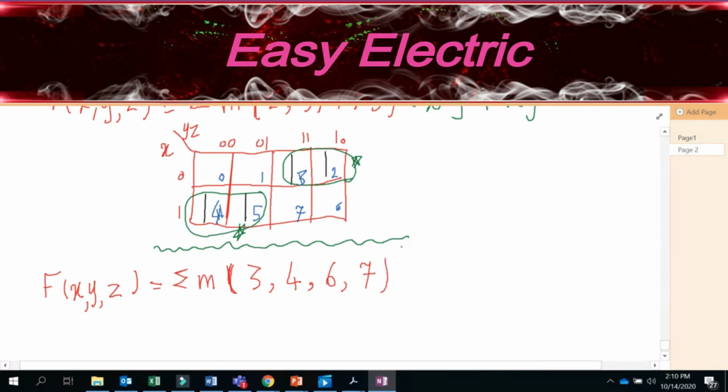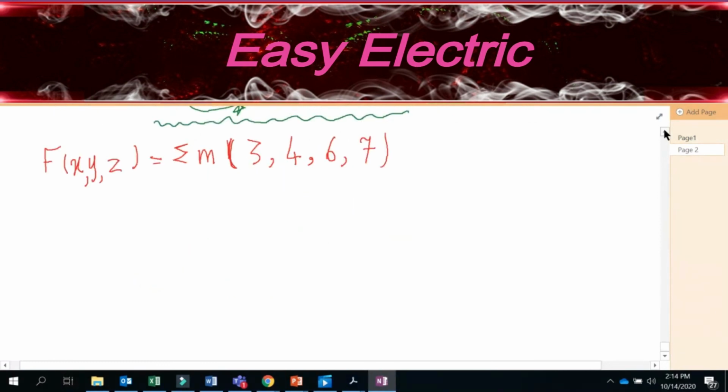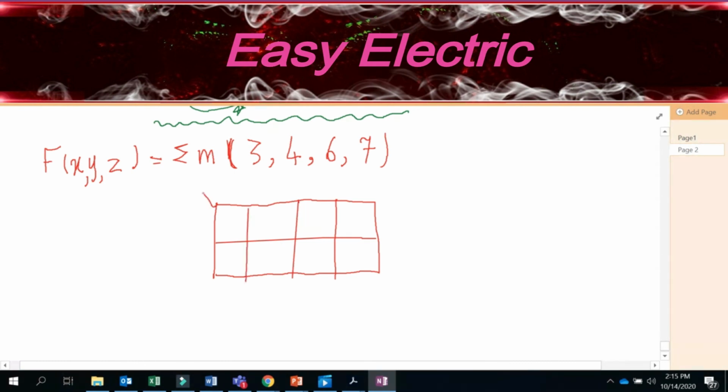So the question is to simplify. So you have a function with three variables, so the K-map will be 8 squares. Okay, so this is your K-map. So we already did this.